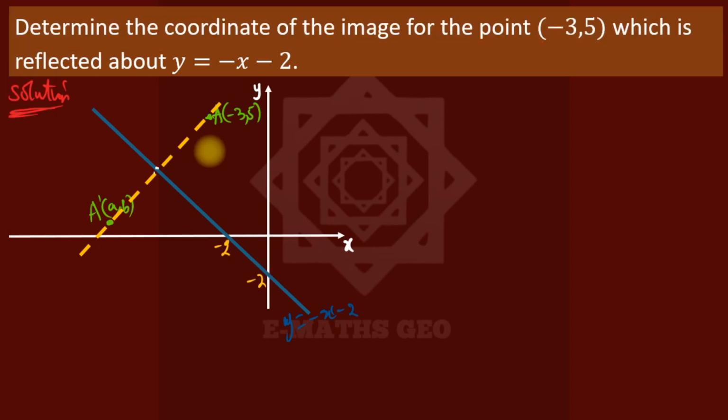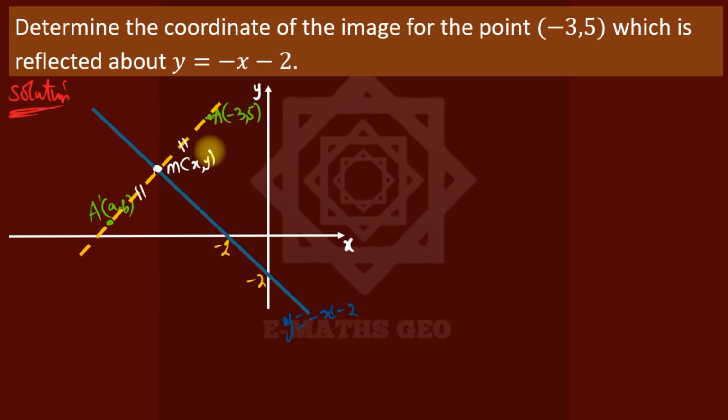So let's call the midpoint M, which is the point of intersection of the lines, with coordinates (x, y). So AM and A prime M must be the same. This is the midpoint.